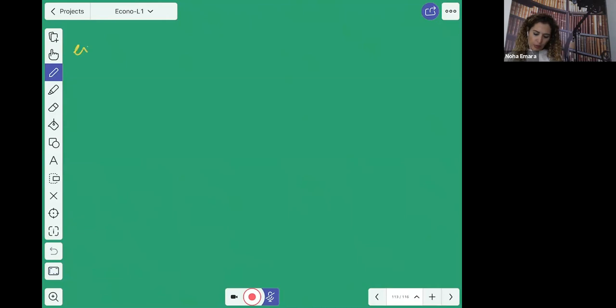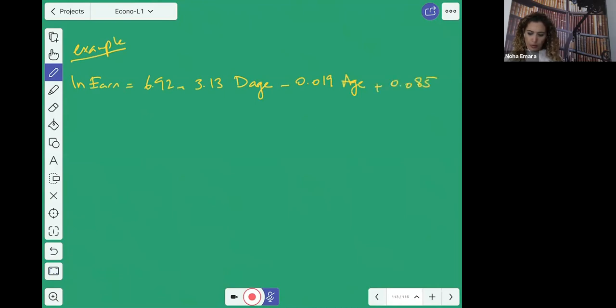Suppose I have this log model, okay? So this is log linear. So I have log earning is equal to 6.92 minus 3.13, dummy for age, binary variable, minus 0.019, age, continuous variable, plus 0.085 age multiplied times dummy for age.